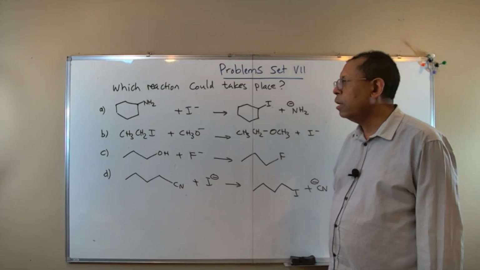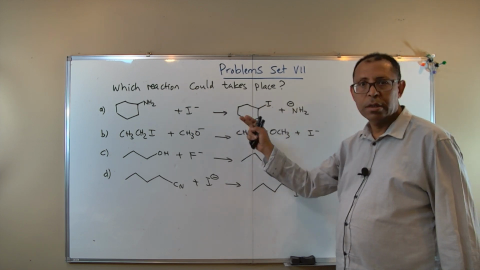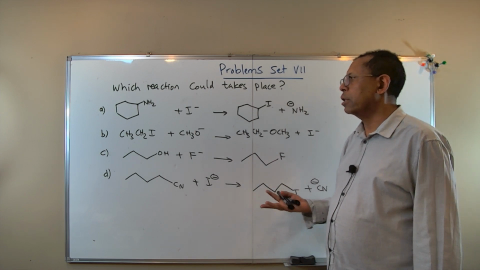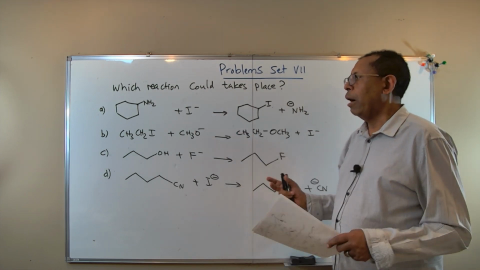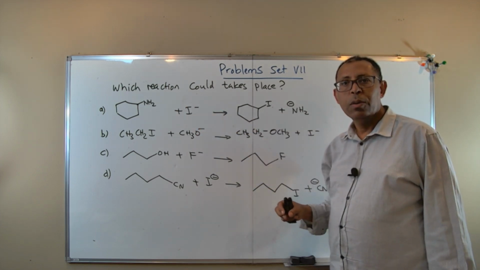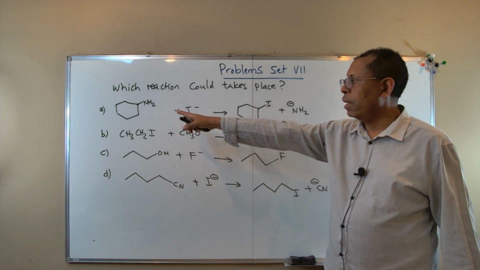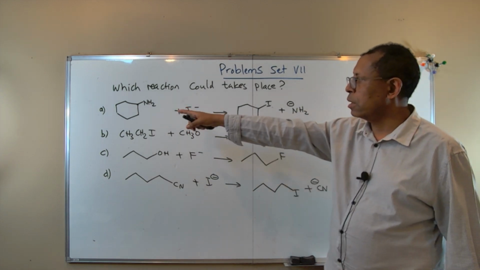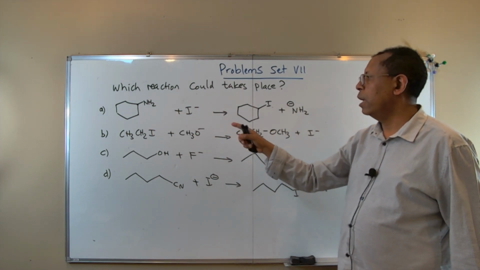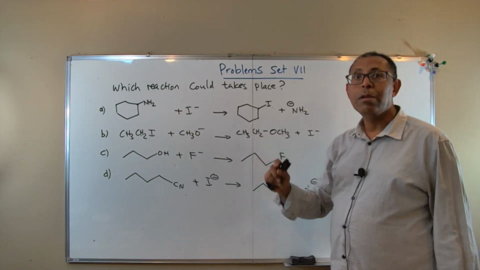The next question is, which reaction could take place as it is written here? So this is basically asking you how to identify the leaving group and the nucleophile which can replace the other one. So here you have an amine group, which is cyclohexylamine, and you have iodide anion as the nucleophile. NH2 could not be a leaving group.